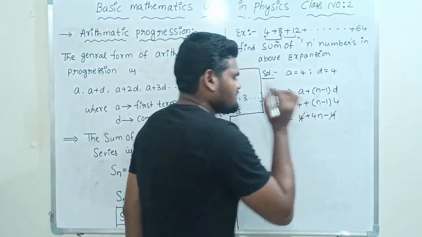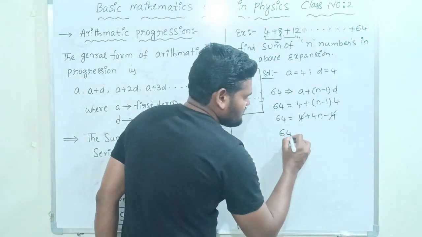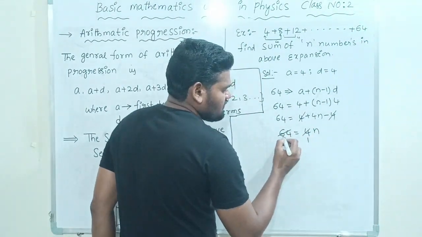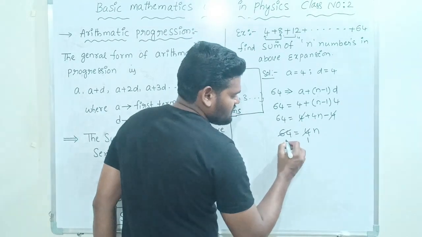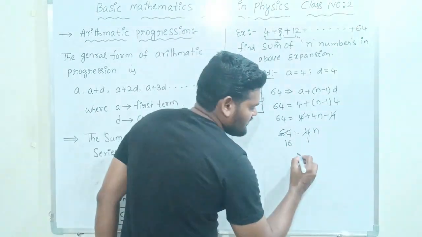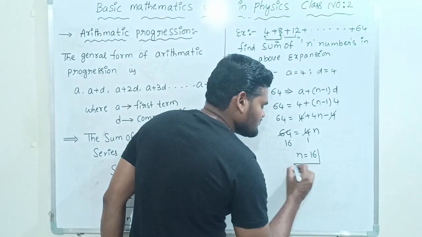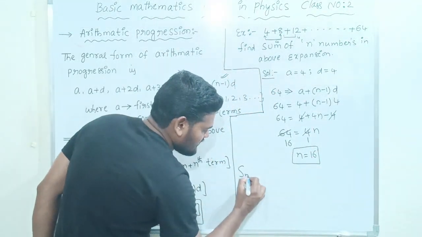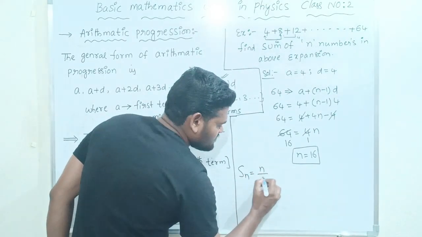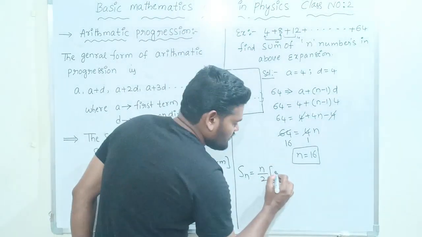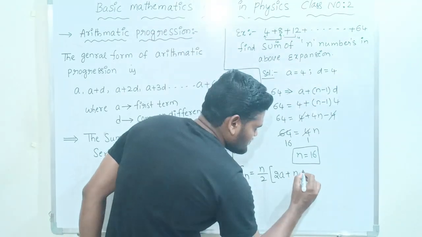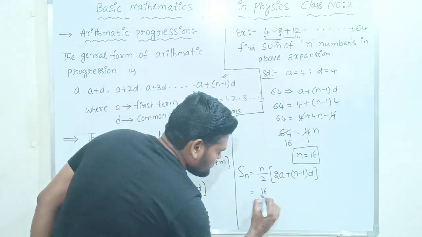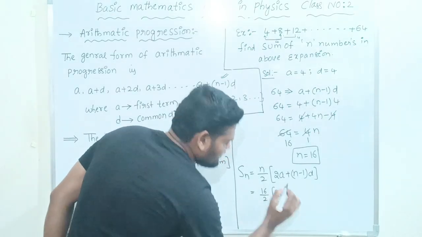So plus 4 minus 4 get cancelled out. 64 is equal to 4 into n. 4 sixteens are 64. Finally we got n is equal to 16. Now it is easy to find the sum of n terms. What is the formula for the sum of n terms? Sn is equal to n by 2 into 2a plus n minus 1 into d. So n is equal to 16, so 16 by 2 into 2 into a.